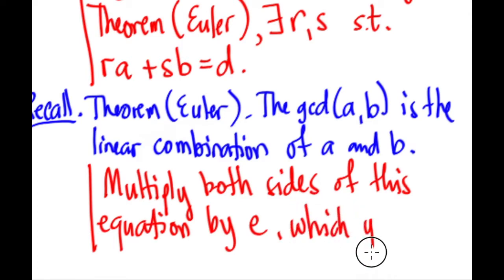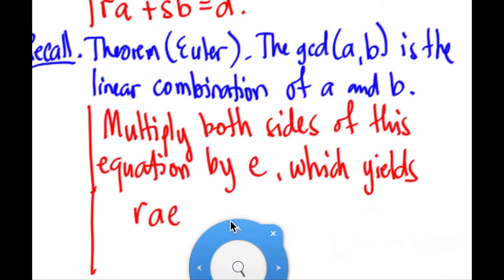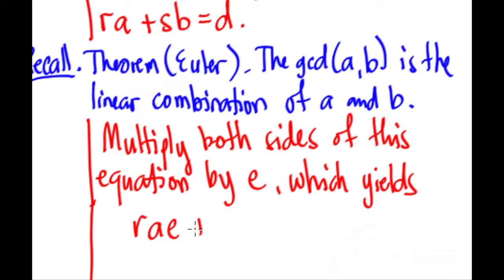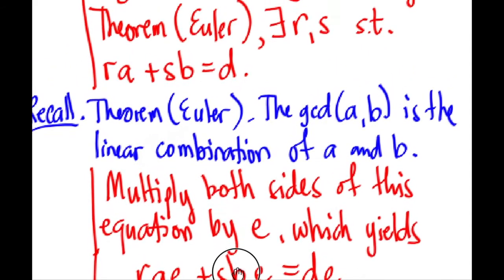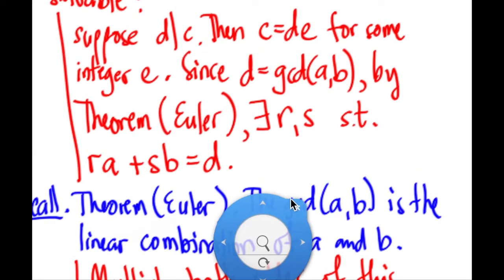Which yields, it will yield us this equation. So it will give us RAE plus SBE equals DE. As you can see, we suppose that D divides C, so therefore C is equal to DE.